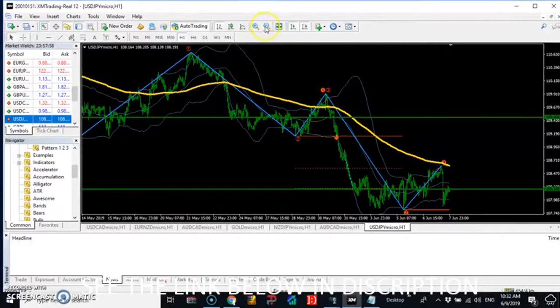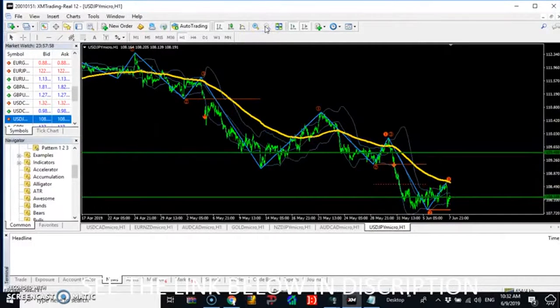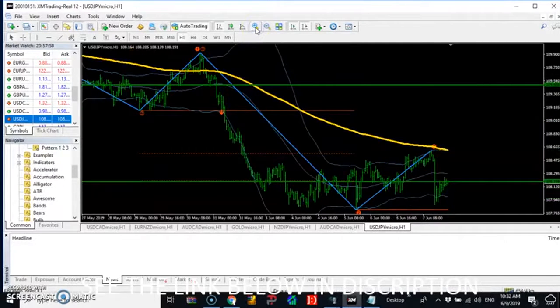If I zoom the 1, 2, 3 for you, I can't even zoom more than this, but this is cool enough to tell you that you penned one order, it's in profit. You penned the second order at the middle band of the Bollinger Band, it's in profit.